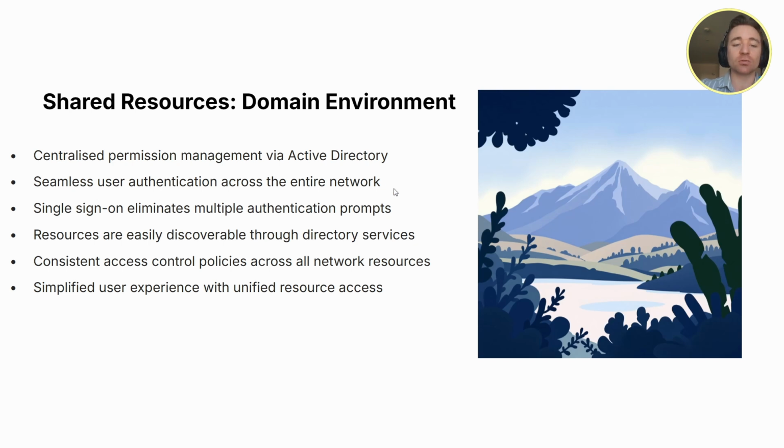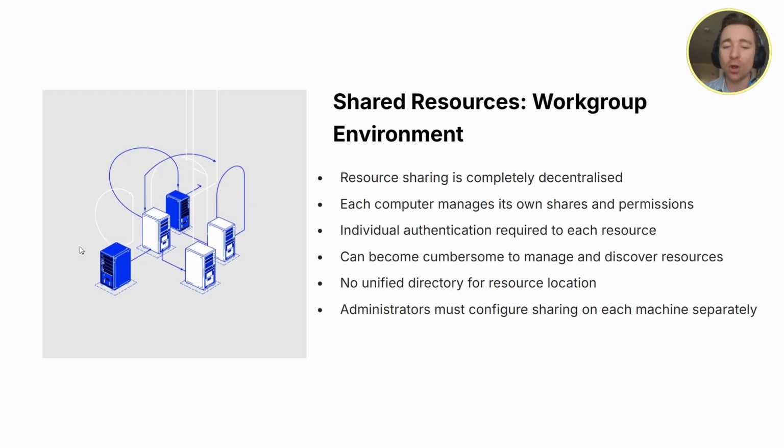It's seamless user authentication. Single sign-on means you don't have to log on over and over again. Resources are easily discoverable and shared. But in a workgroup, you have to manually share resources among devices. You're going to have to individually authenticate to each resource, and it can become very cumbersome to manage and discover those resources.